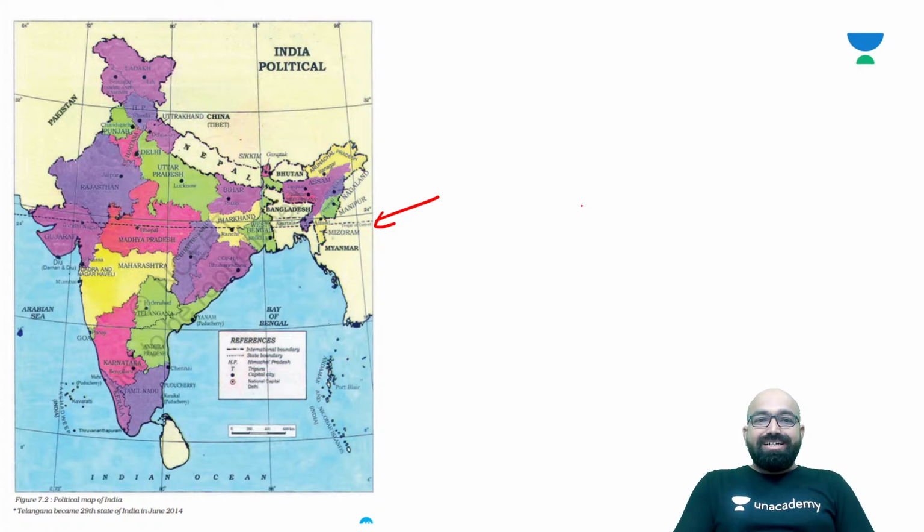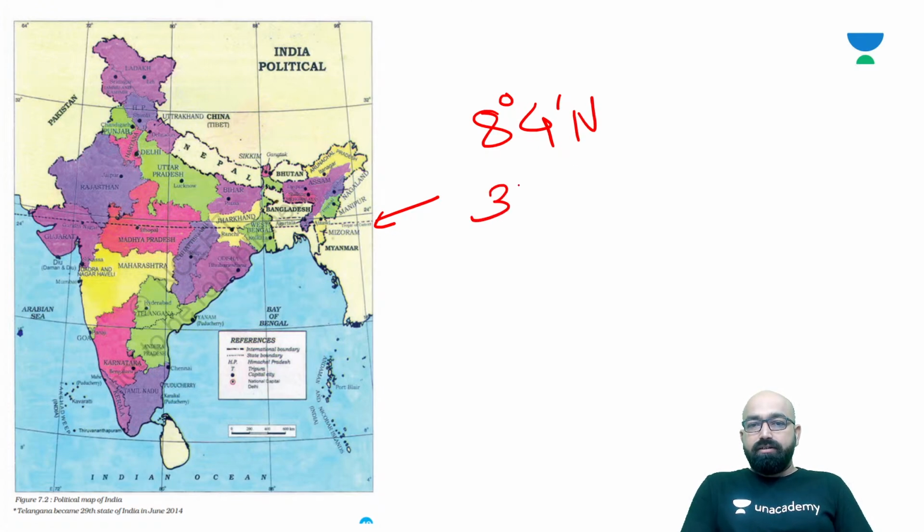From south to north, the mainland of India extends between 8 degrees 4 minutes north and 37 degrees 6 minutes north latitudes.